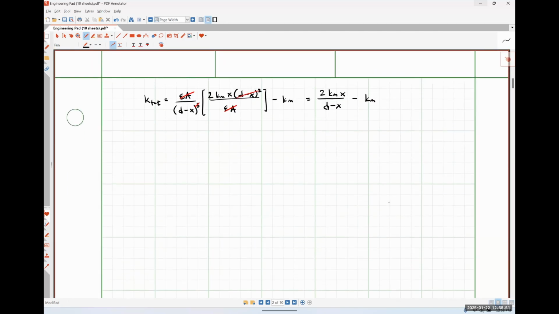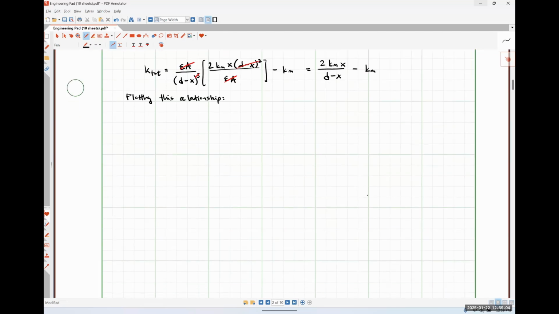So if I were to plot this relationship, it would look something like this. And so how this is typically plotted, on the y-axis, we have the ratio of the total spring constant divided by Km.